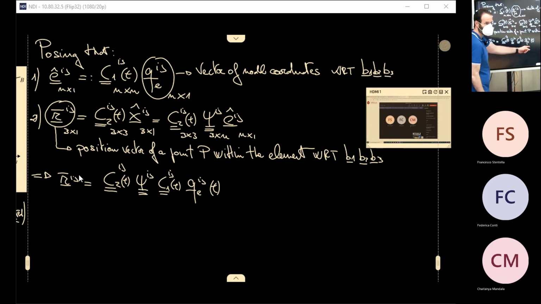Okay, so you see, through the intermediate coordinate system, we basically were able to relate the nodal coordinates expressed with respect to the body frame to the position with respect to the body frame, meaning that knowing the nodal coordinates expressed with respect to the body frame, we were able to interpolate whatever position of a point within the element with respect to the body frame. So we were able to reconstruct, in this case, the position field. So we know the nodal coordinates, and we are able to reconstruct the position field of every point within the element with respect to the body frame.